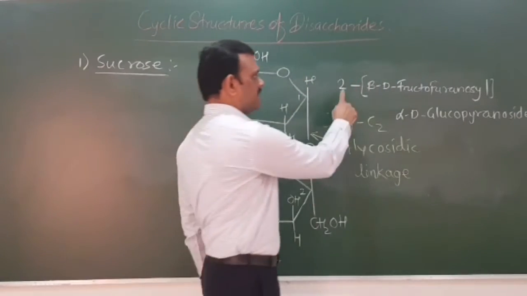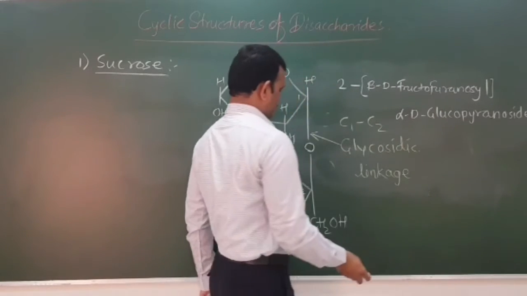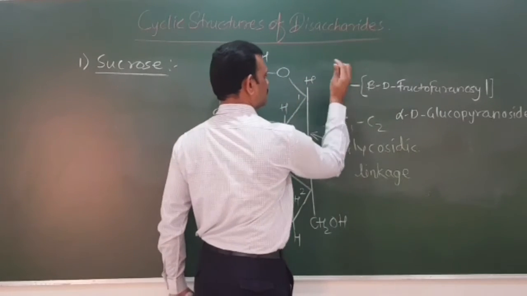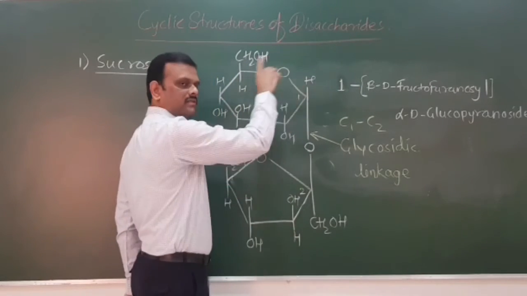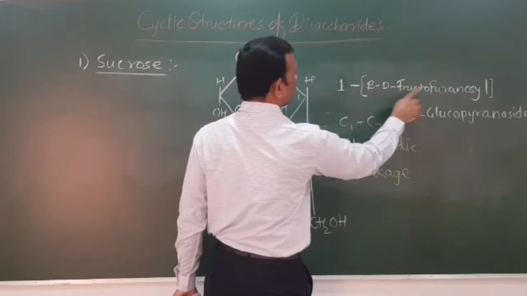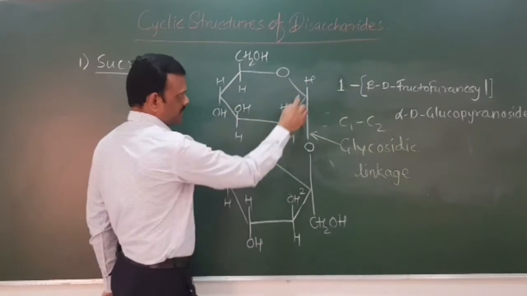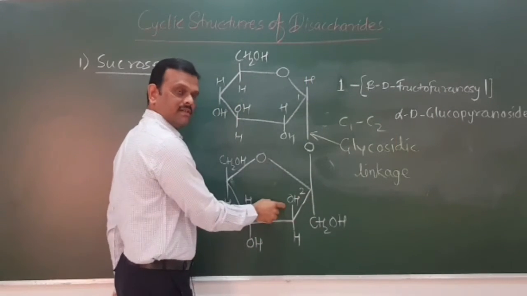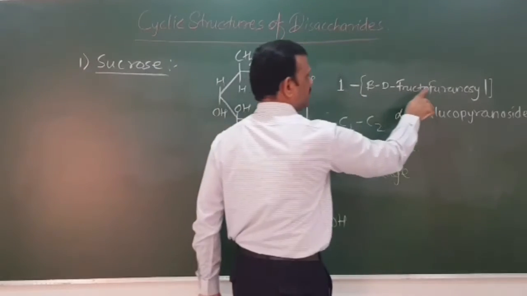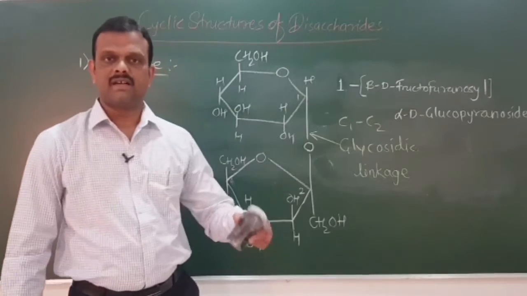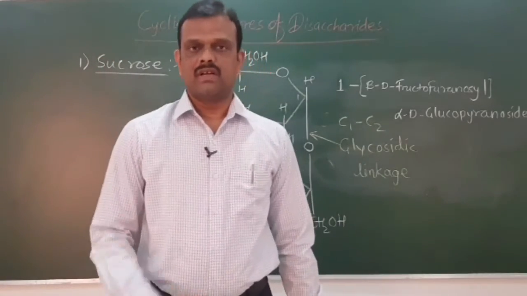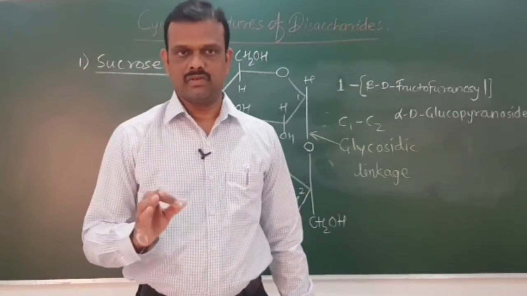That means on the first position of this glucopyranoside, there is beta D fructofuranosyl, attached to this one. Therefore, 1 beta D fructofuranosyl alpha D glucopyranoside. This is the IUPAC name of sucrose, also known as cane sugar.